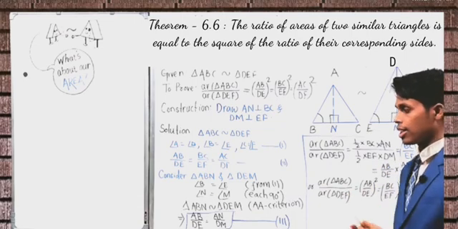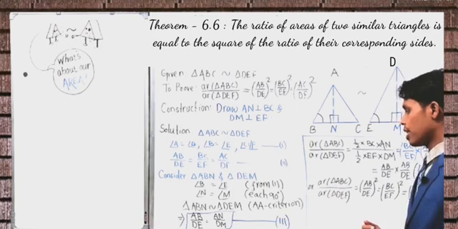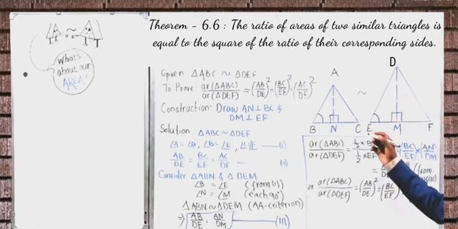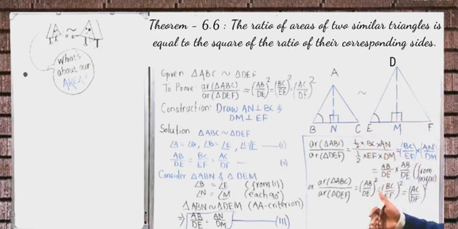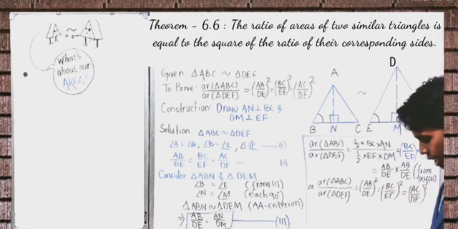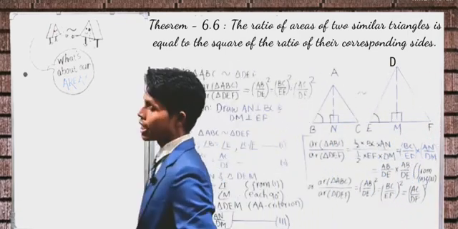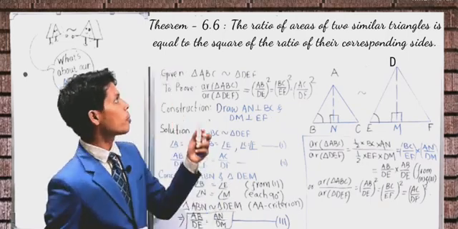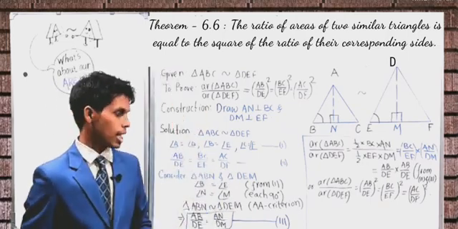That is also same as the ratio of the sides, that is AB upon DE. Then we took the ratio of the areas, then we substituted the values, then we got that ratio of the areas is equal to the square of the ratio of the corresponding sides. So this is the proof of theorem 6.6 or theorem related to areas of similar triangles.